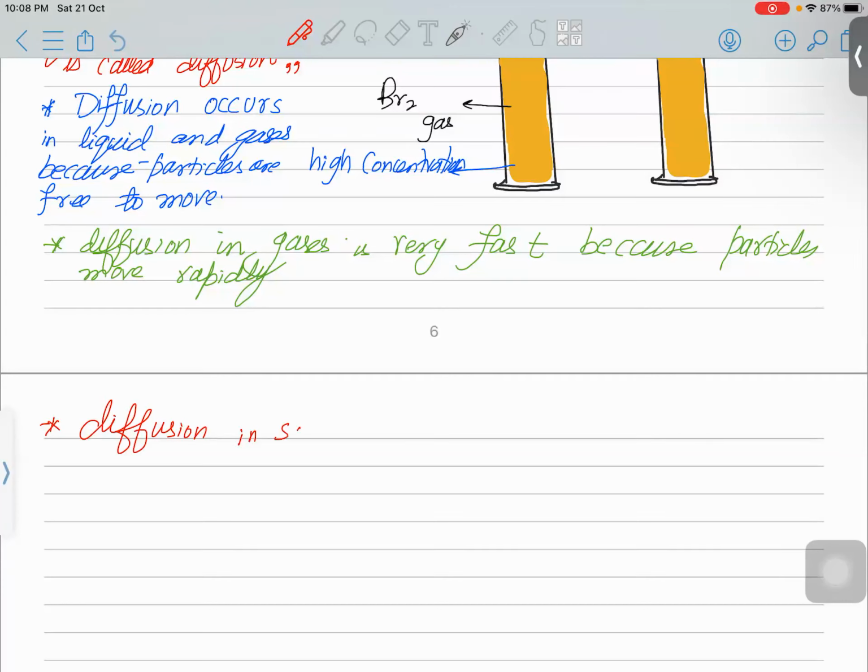Diffusion in solid does not occur because particles are not free to move.